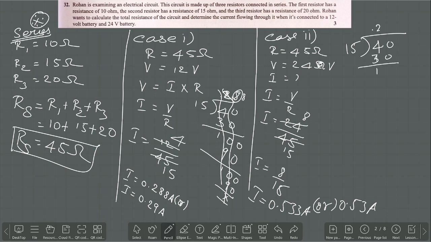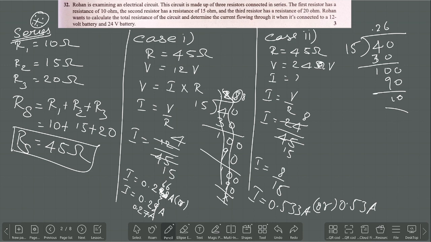Balance 10. Add a 0. Sorry, 90. Remainder 10. So the answer will be 0.266, or you can write it as 0.27. Sorry, no. That one I think is correct. We did it by using the calculator. So okay, no problem.